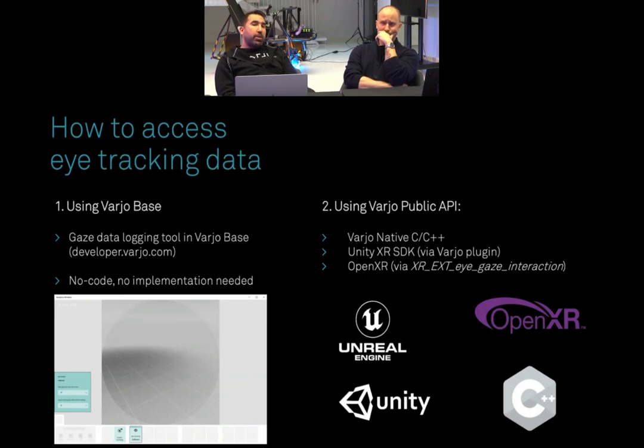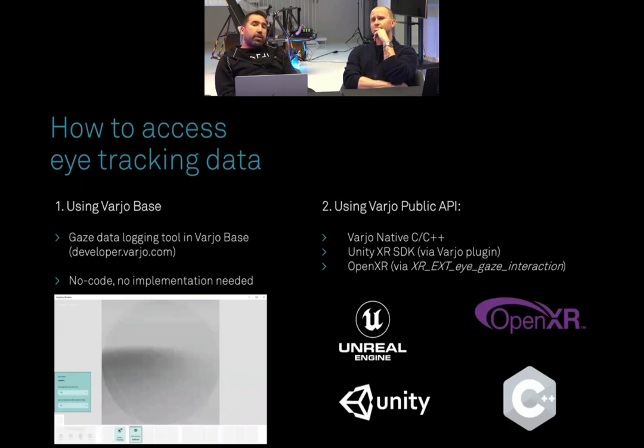We have the Unity XR SDK via the Varjo plugin. So you could actually get the same data in Unity using the Varjo plugin. And then we also have OpenXR support via the OpenXR gaze interaction extension that would allow you to implement Varjo's eye tracking features in OpenXR applications or in Unreal-based OpenXR applications.